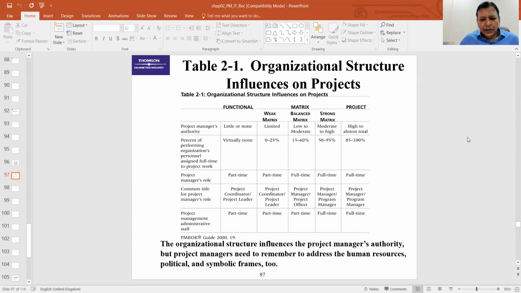The project management administrative staff is part-time in functional, part-time in weak matrix, and full-time in balanced and strong matrix, and full-time in project-based. So organizational structure influences the project manager's authority, but project managers need to remember to address the human resource, political, and symbolic frames too.